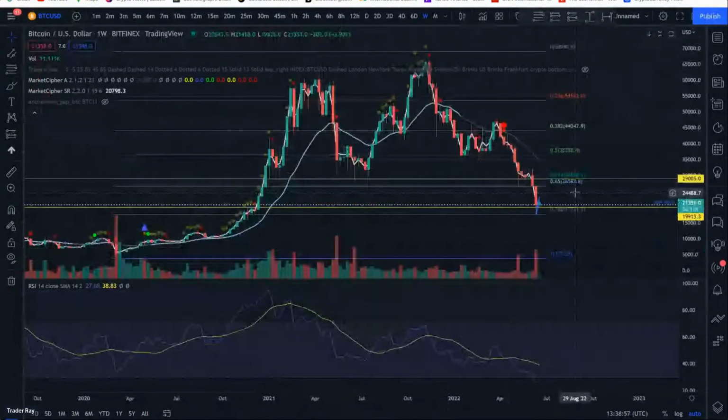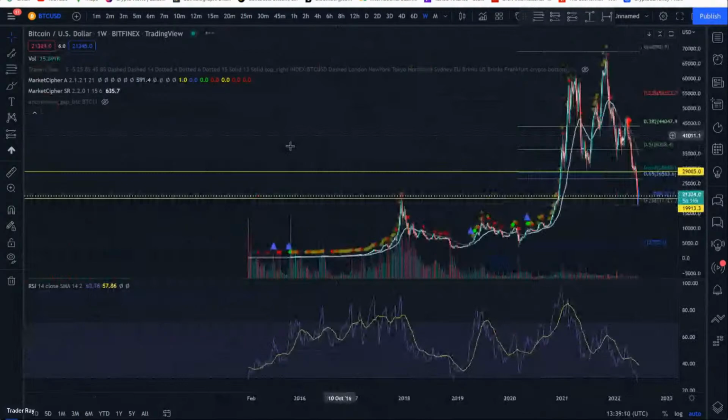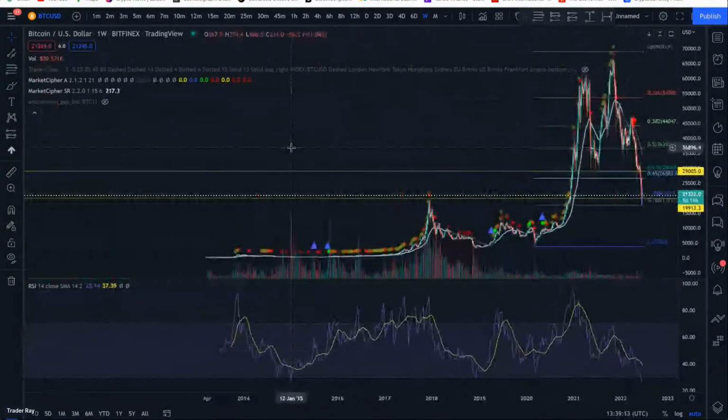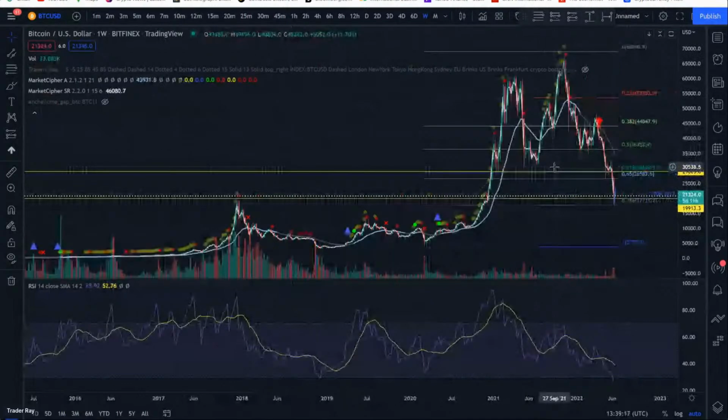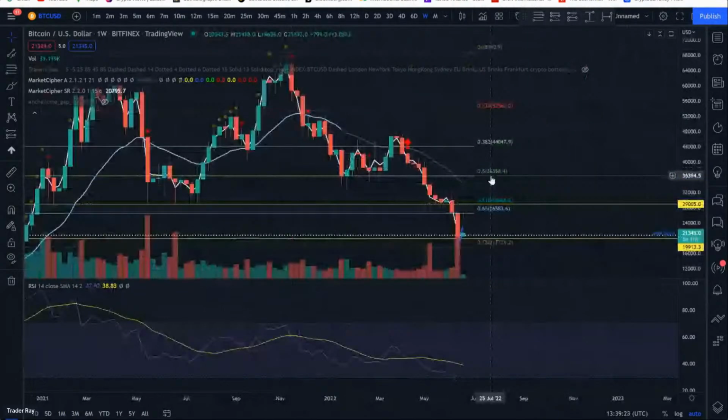And the weekly RSI went as low as 26, so pretty much oversold. And looking back in the past, we have not really seen such a low number. We have seen kind of in the 20s. Here was 29. Let me see. This was 28. So yeah, I think so far this is kind of the lowest RSI on the weekly ever measured, and now we're kind of bouncing off.